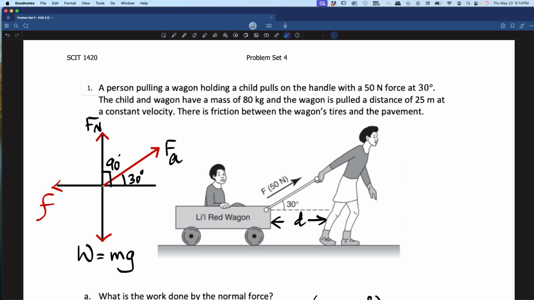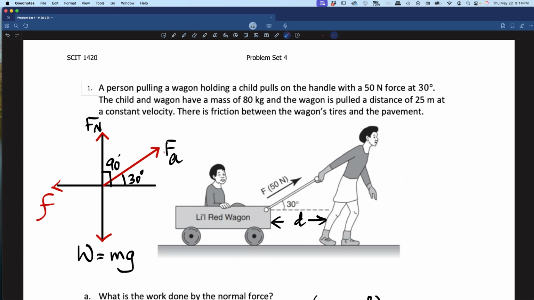So here on the left side, you see the forces shown. Number one, F sub A, that is the applied force, which is 50 Newton. Number two, the weight of that little red wagon. Weight is M times G. We know that. Number three, the reaction on the pavement or the pavement pushing up.